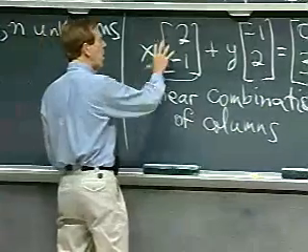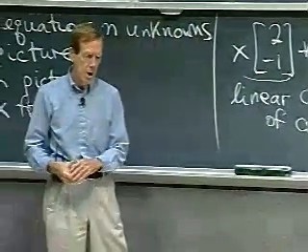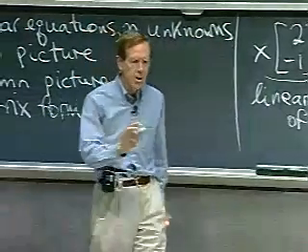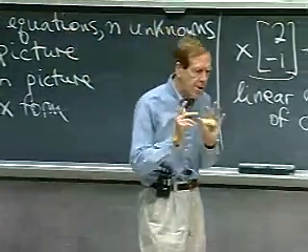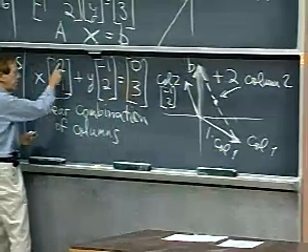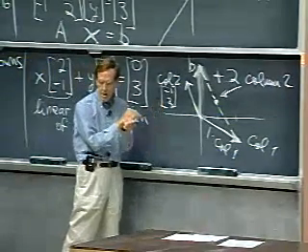If I took all the x's and all the y's, all the combinations, what would be all the results? And actually, the result would be that I could get any right-hand side at all. The combinations of this and this would fill the whole plane.